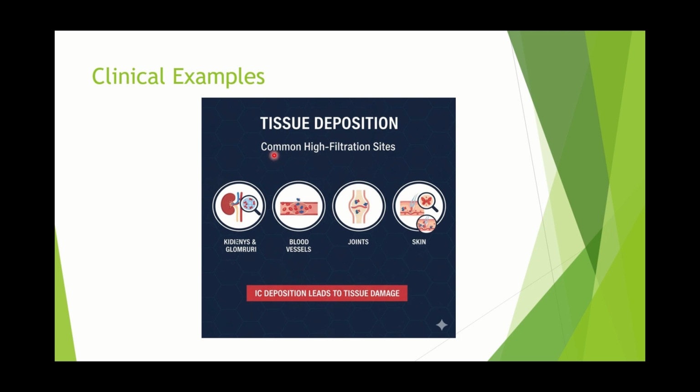As shown here, the most common sites for this deposition are the kidney, the blood vessel walls, the skin, and the joints. These are areas where blood is filtered or flows under high pressure.